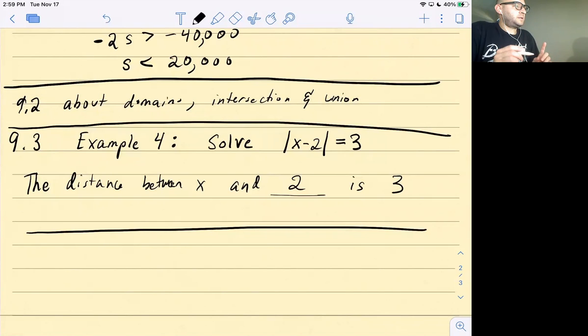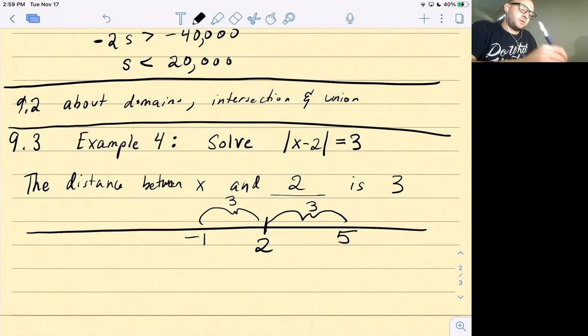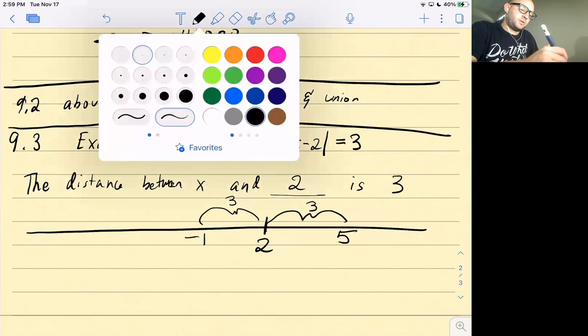Not 3. 2, exactly. 2 would be the middle number, because we want to say how far away x is from 2. And this time they say it's not less than 3 away, it's exactly 3 away. So if we add 3 to the right and 3 to the left, you're going to be at 5 and -1. So those would be your two answers.